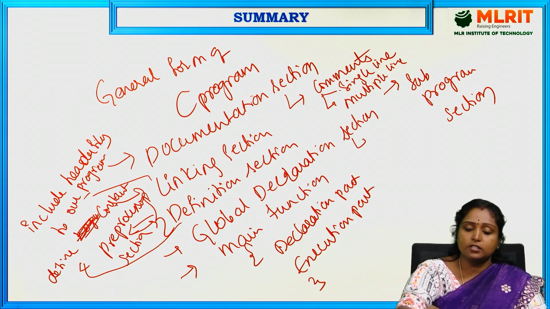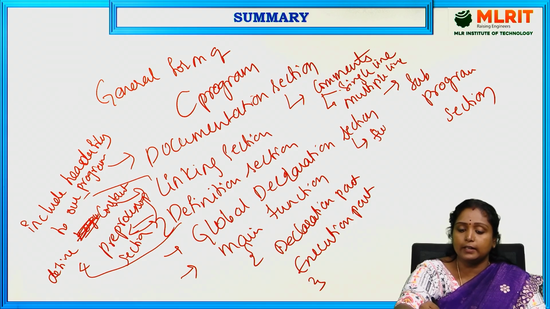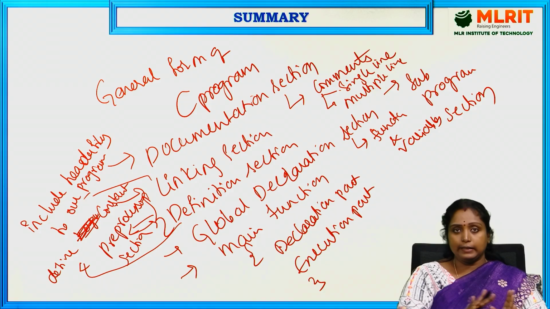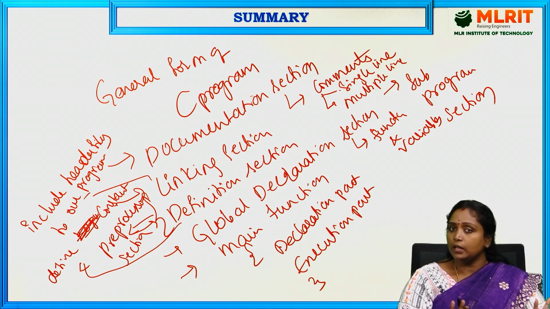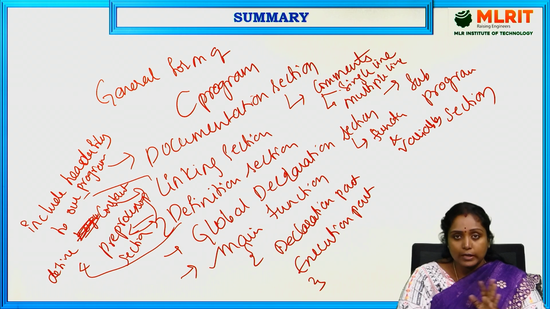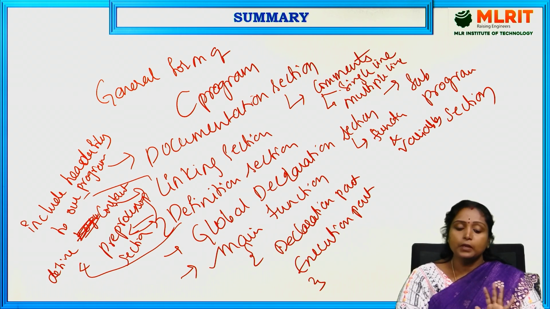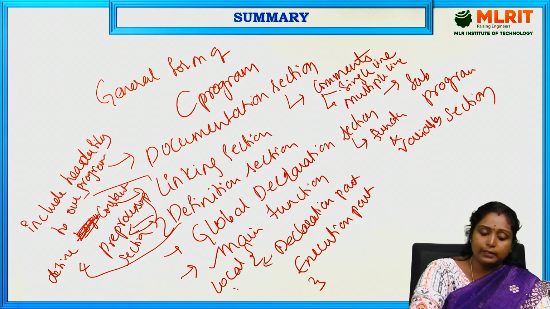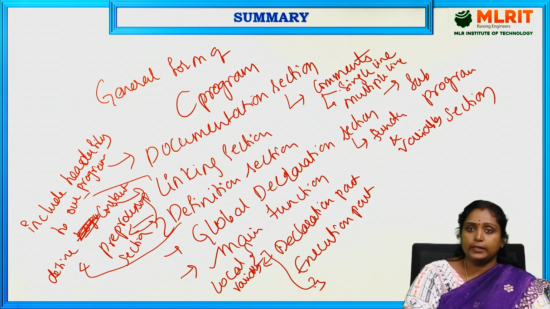Global declaration section: you can declare functions and variables in the global declarations. In order to use these variables throughout the program, we declare the variables in the global declaration section. Main function: the main function is the starting point of execution. Without the main function, the compiler won't accept the program for execution. In the declaration part, we declare the local variables, and these variables can be used within this block only.